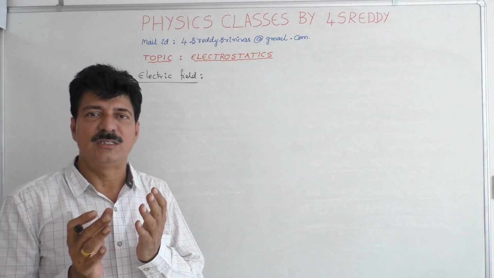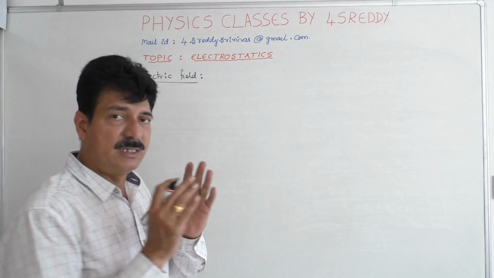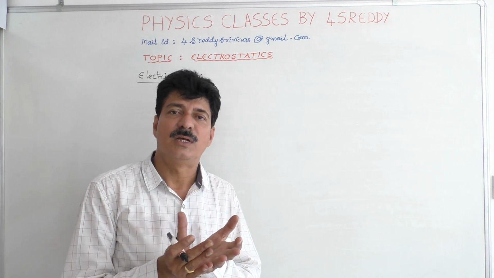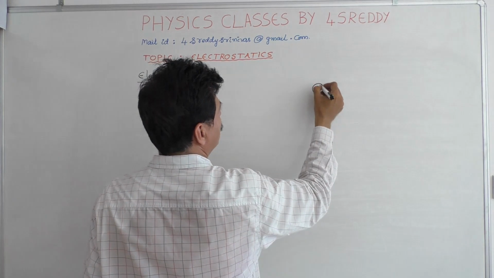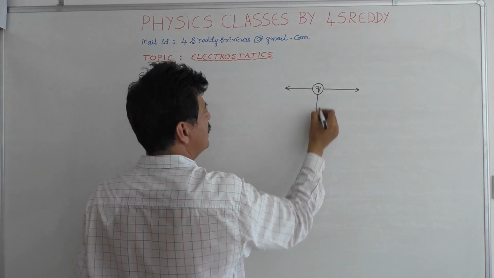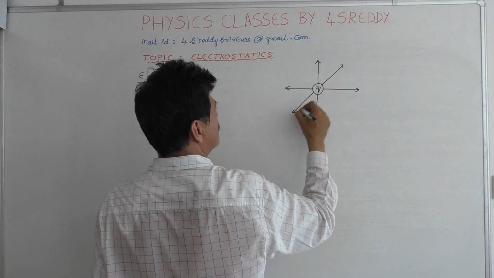Because every charged body will attract or repel another charged body, the force of attraction or repulsion exists up to a certain region. Suppose this is a charge Q, it will have an attractive property up to a certain distance.